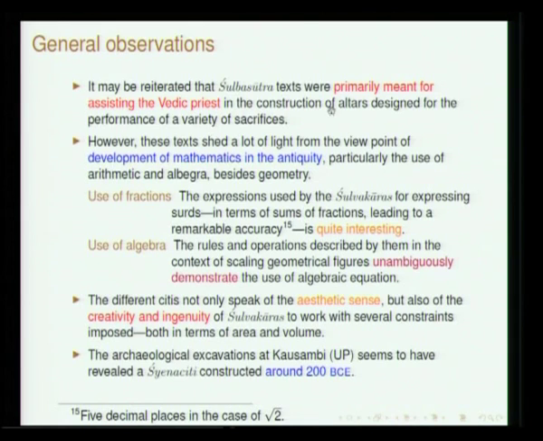And these Sulva Sutra texts are primarily meant for assisting the Vedic priests, okay, that is the purpose of this. So, let me reiterate that. But looking at this, we also are able to get a picture of the kind of mathematics which was involved and how it got developed.